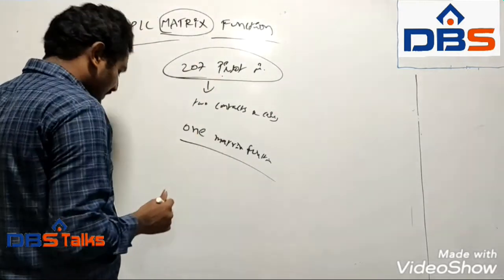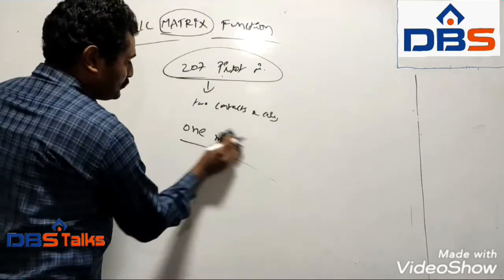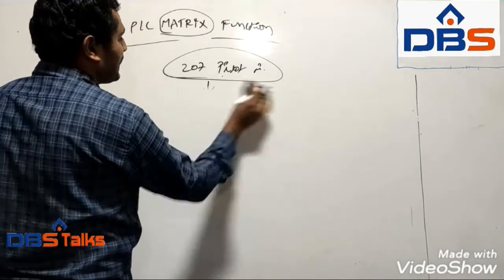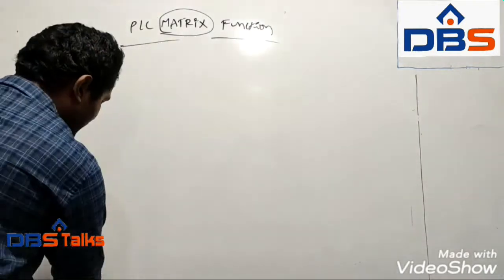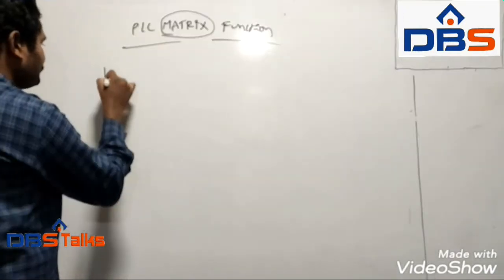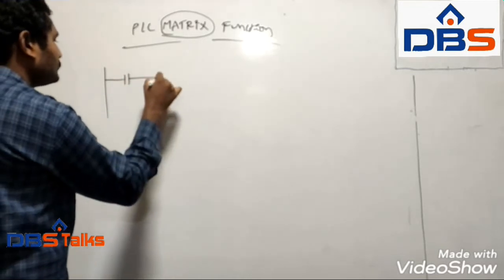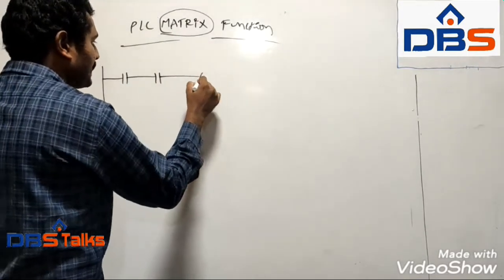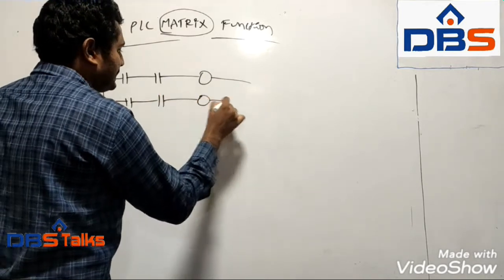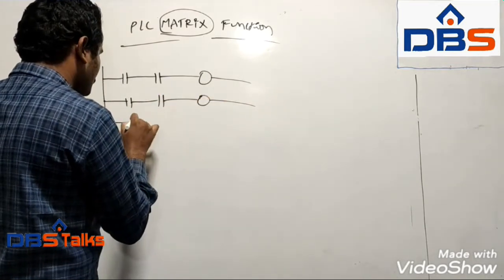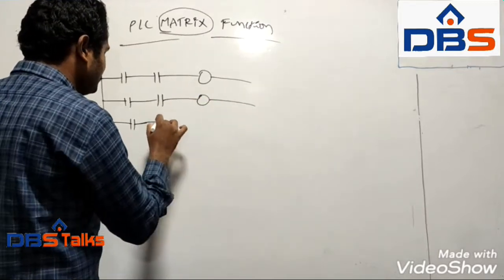I am taking one example to explain this. Here I am taking 207 lines of program in the conventional PLC relay system, each consisting of two contacts and one output, using the conventional AND function.